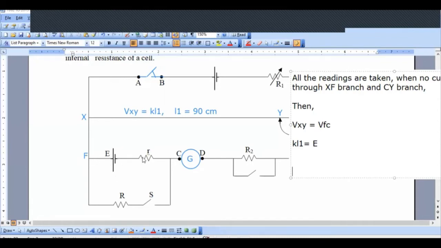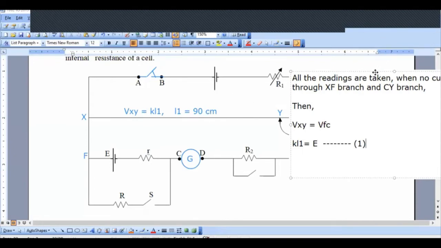So this is our equation number 1. And L1 is given as 90 centimeter. We can use it later.